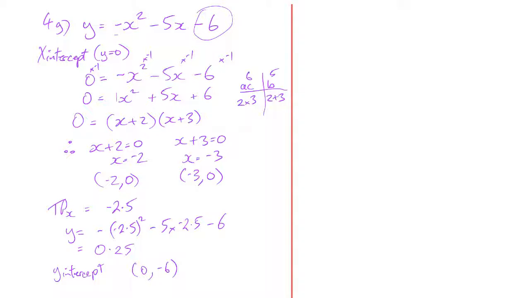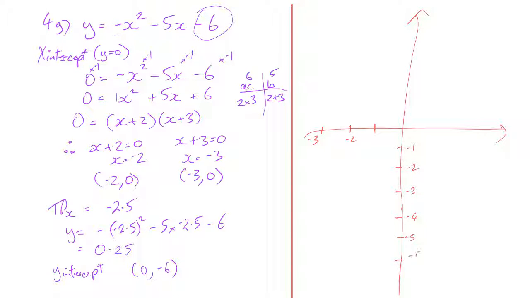And now when I go to sketch my graph, let's see what it looks like. I've got a whole page here, so let's use it. I have the values of 1, 2, 3, -2, -3, and we have a y-intercept of 0, -6, so I go -1, -2, -3, -4, -5, -6.